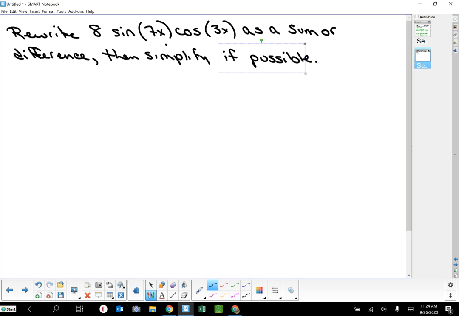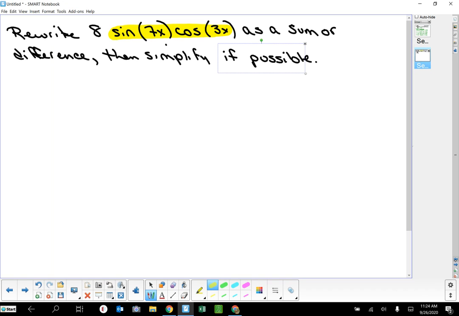Okay, so 8 sine 7x cosine 3x. What's important here is that we want to find somewhere where we have sine cosine, right? So I'm just going to highlight this. We're looking at sine cosine.